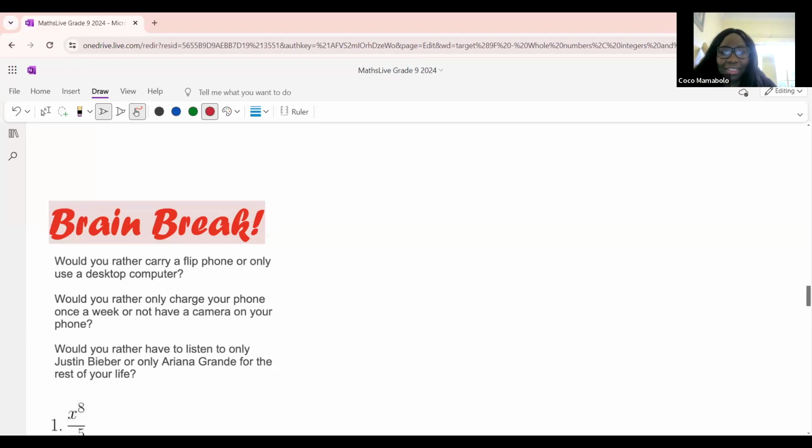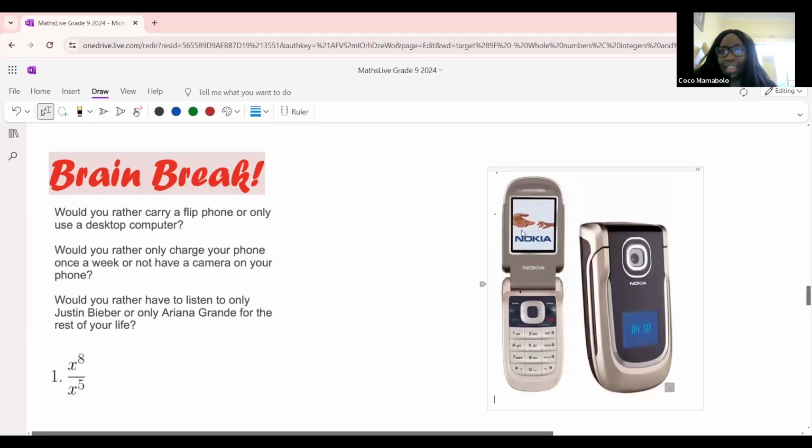Guys, don't laugh. Let me show you guys a picture. So this is what a Nokia flip phone used to look like. That is what I was thinking when you guys said flip phone.